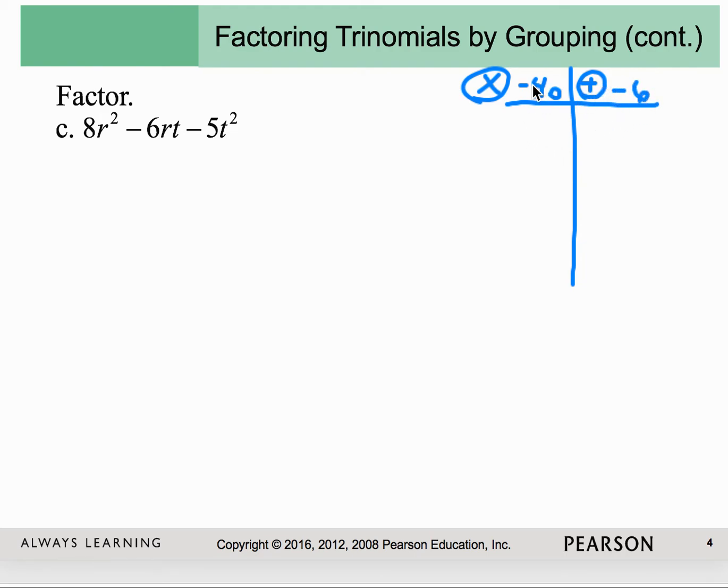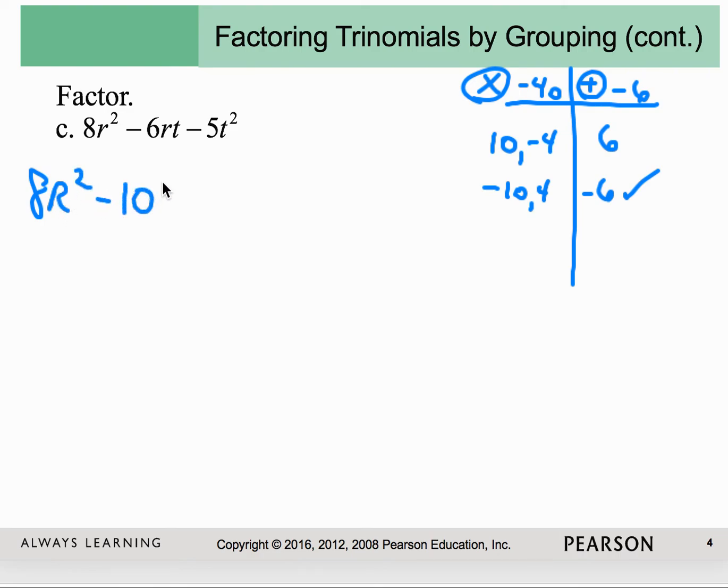Okay, let's start thinking of numbers that multiply to give -40. How about 10 and -4? 10 minus 4 is 6. Right numbers, wrong signs. -10 and 4. Found my numbers. So let's just rewrite this.